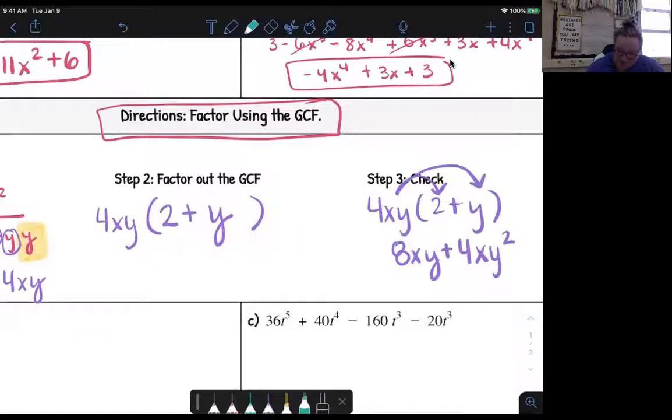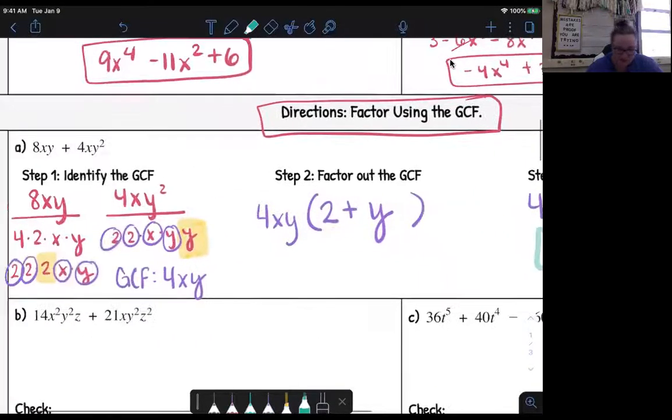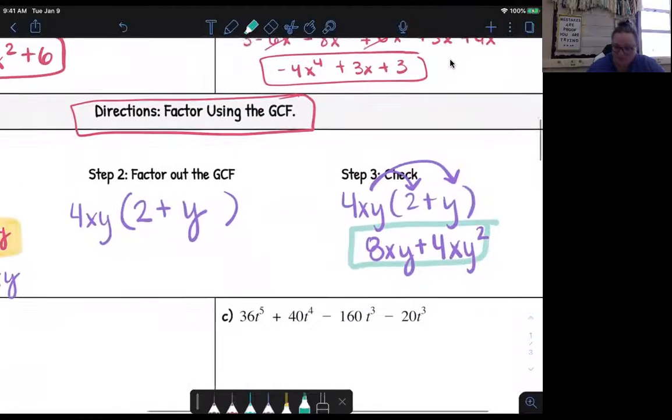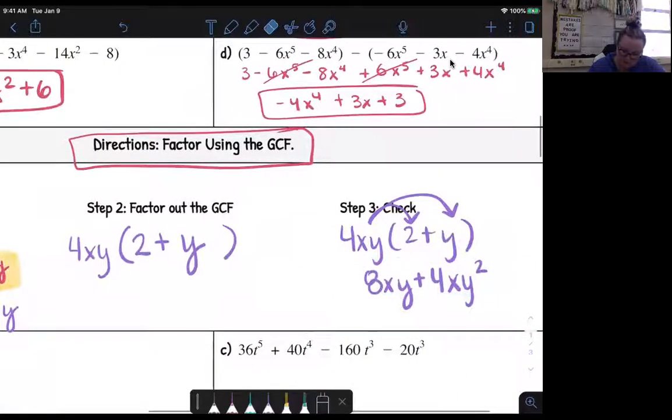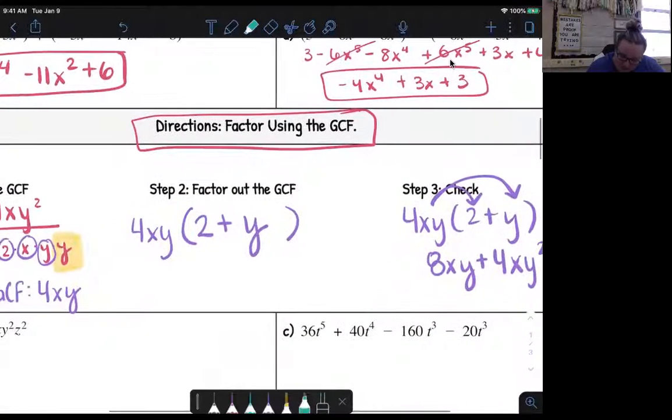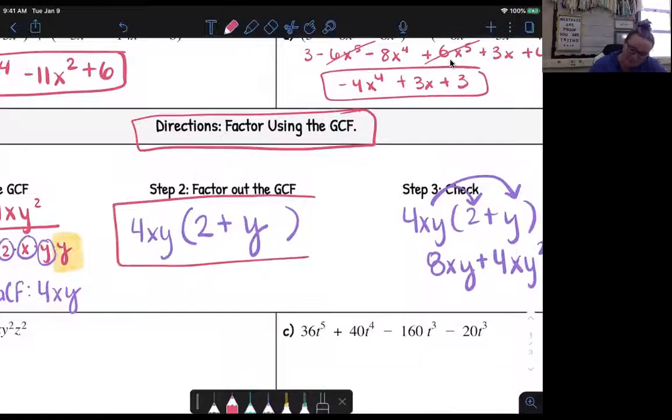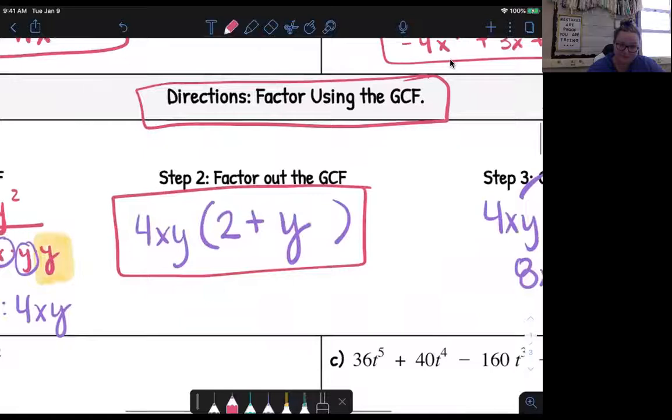Well, does that match what we started with? Does 8xy plus 4xy squared match what we started with? Yes, so we know that we're good to go. I'm going to unbox those, that's not the final answer, but they match. So then this is the factored form of what we started with. So we circle that, that's our final answer.